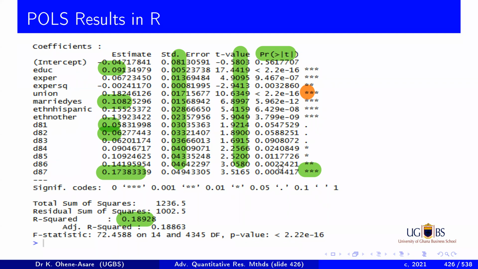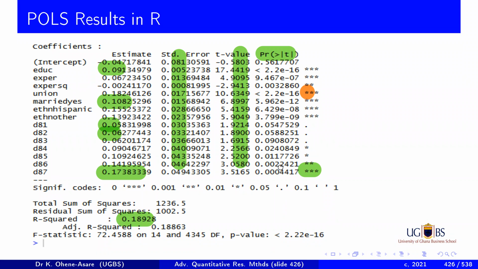Yes. Okay, continue. It's 2.22 raised to the power negative 16, which is 0.000 something. So it's very significant at 0.1%.